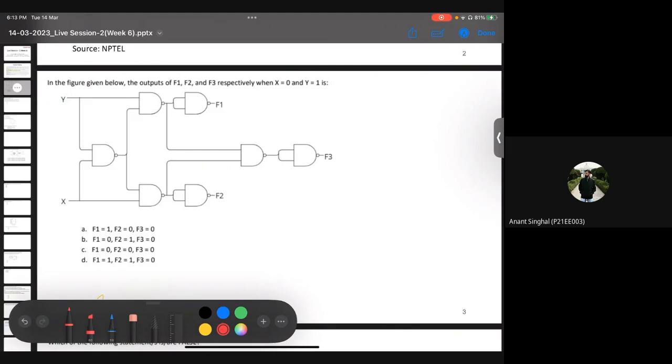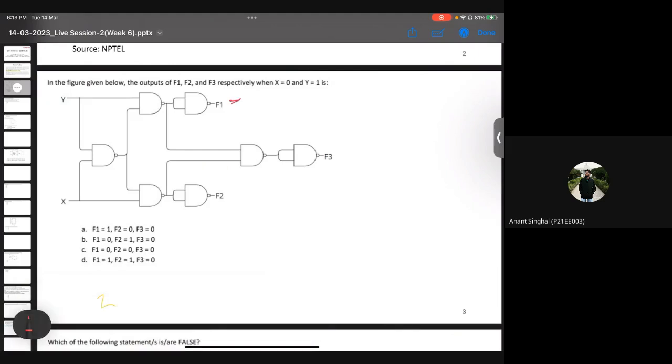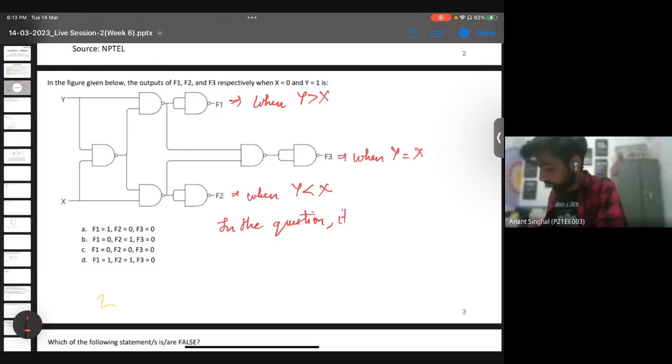So as I said, F1 will cover when y is greater than x, F3 will cover when y is equal to x, and F2 will cover when y is less than x. In the question, it is given that x is 0 and y is 1, which is when y is greater than x.